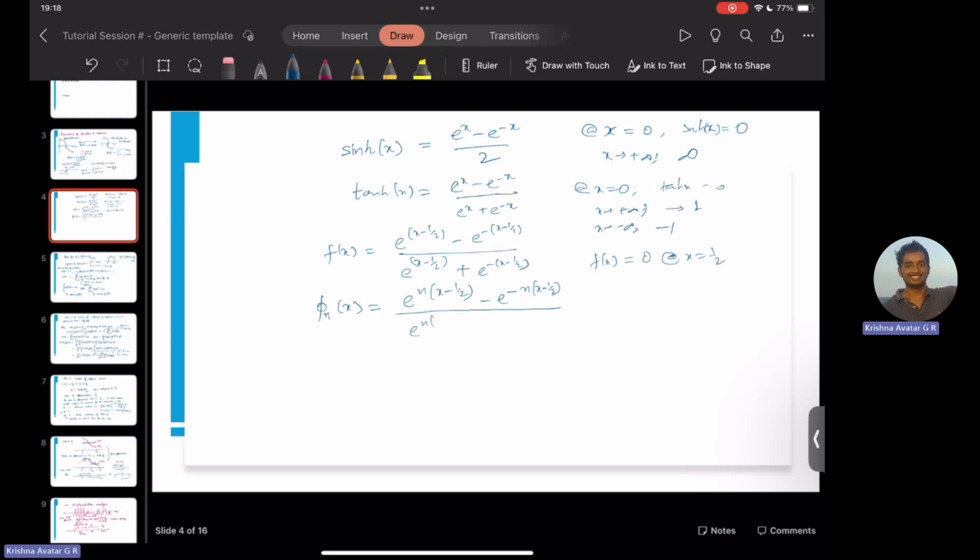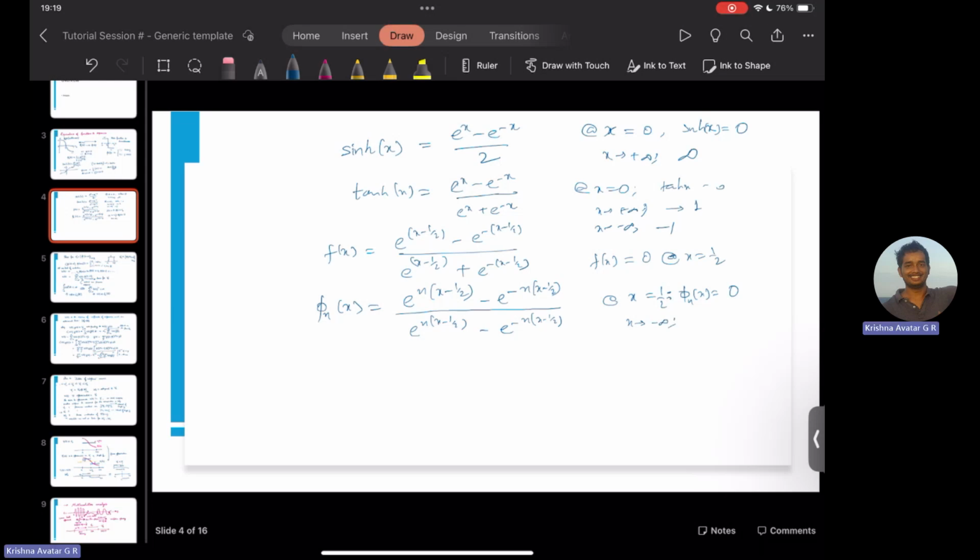I think this should solve our problem, because let's take a look at it clearly. At x is equal to half, you have phi n of x equal to e to the power 0 minus e to the power 0, which is 1 minus 1, so it's 0. Fine.